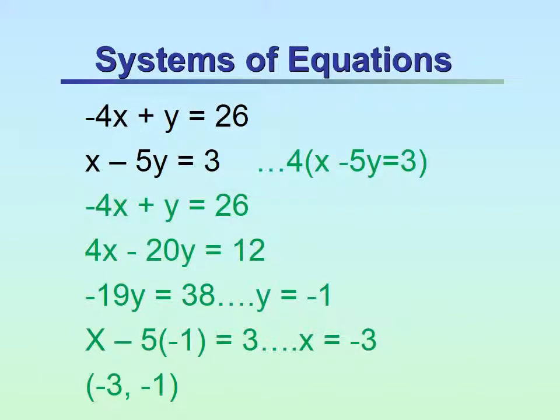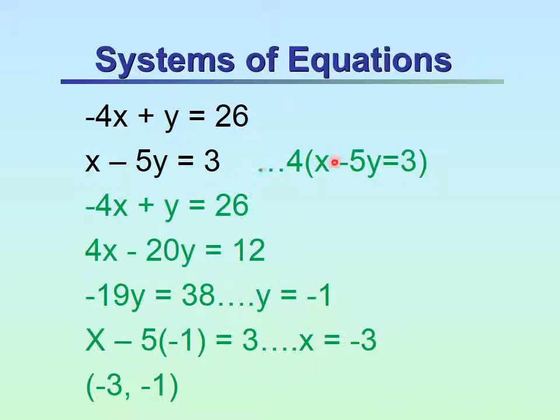Okay, so here we have an example, -4x plus y equals 26, and then we have x minus 5y equals 3. So we pick one. I'm going to pick the second equation, and I want my x's to cancel out. So if I have -4x on top, in the second equation I want to multiply everything by positive 4 so that way my x's cancel out.